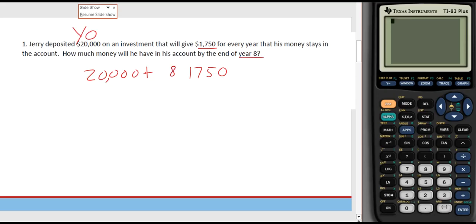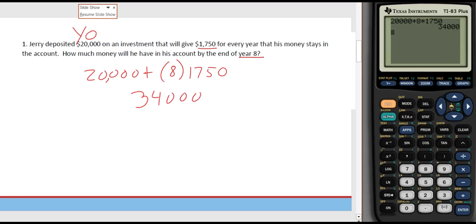So instead of n minus 1 this time, we are going to go with just the full n value. So this one's a little different, right? 20,000 plus 8 times 1750. So $34,000 at the end of year 8.